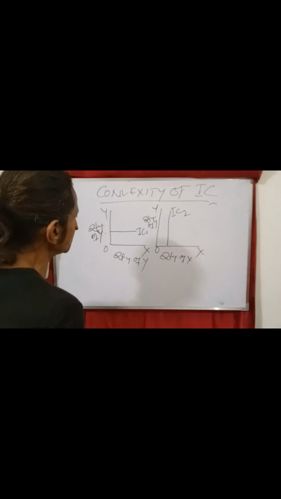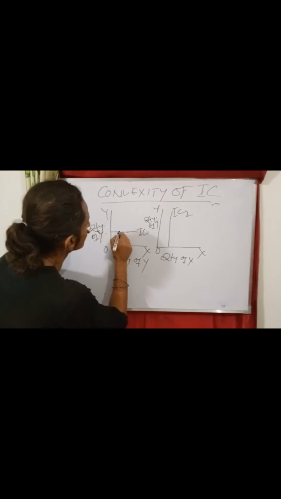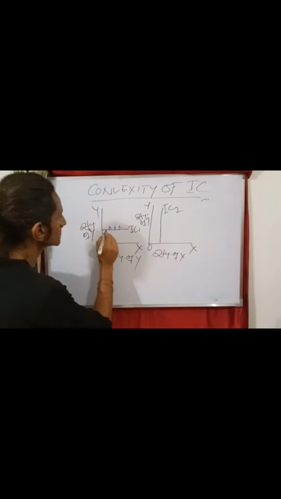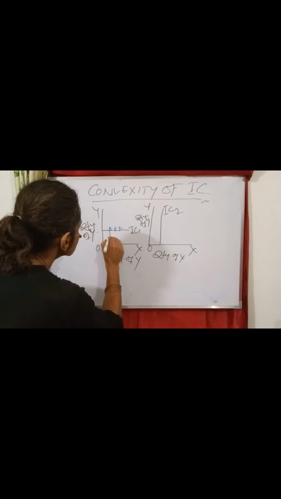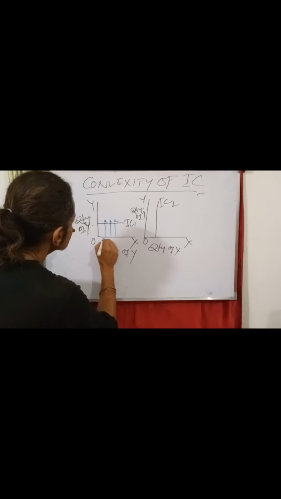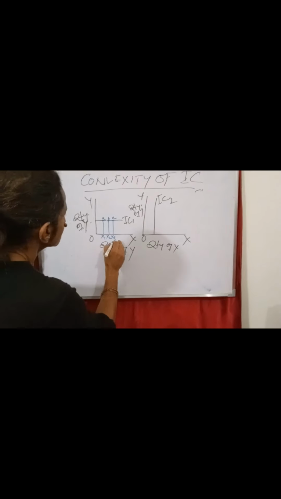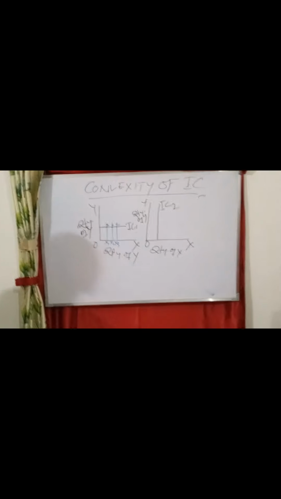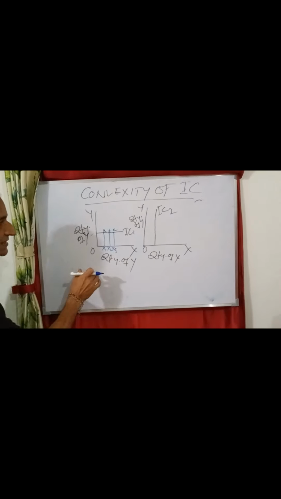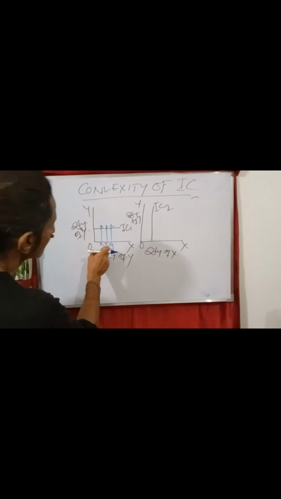Say these are the 3 points on IC1, A, B and C. This is X1, this is X2, this is X3. So as the consumer moves along IC1, his consumption of X increases from OX1 to OX2.